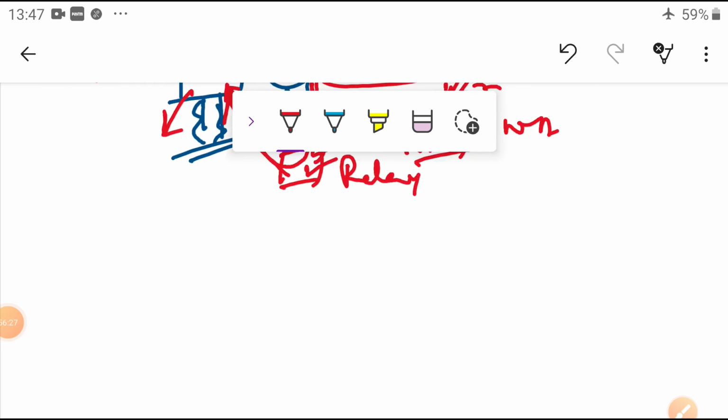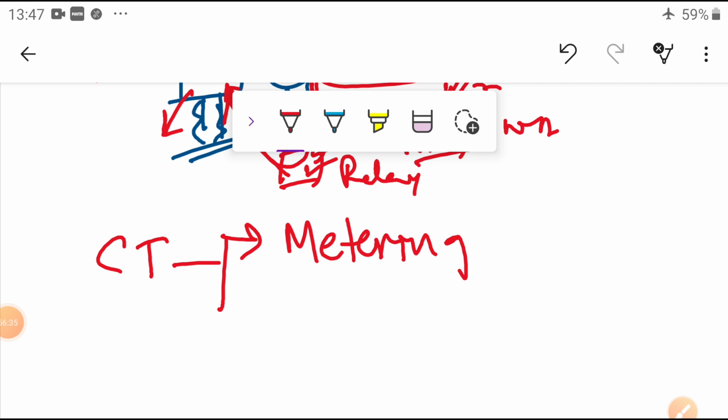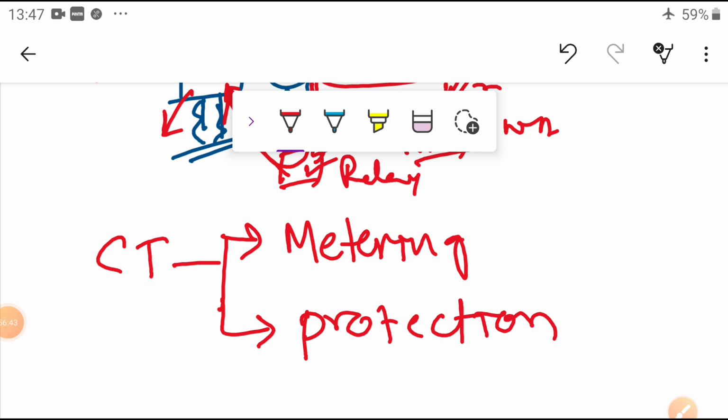So that means a CT can be used for two purposes. One is the metering purpose, that is, how much current is flowing in the line. Another is the protection purpose. Now you have seen how the meter indicates: while it indicates 100 amperes, it is with the help of the CT.